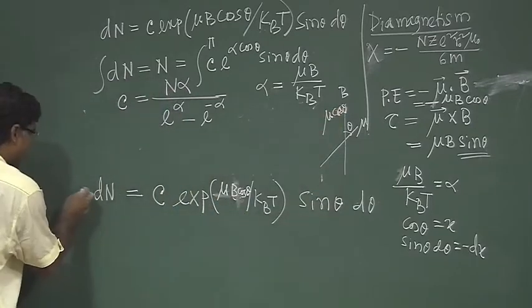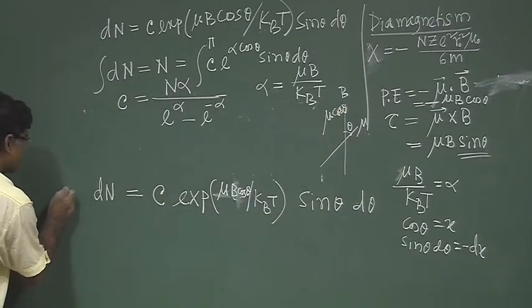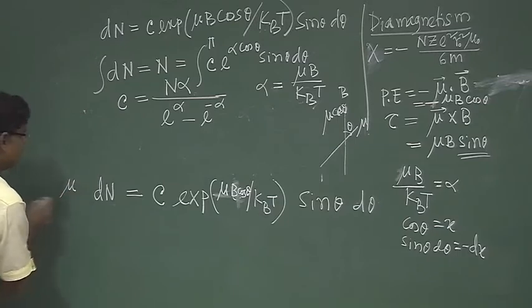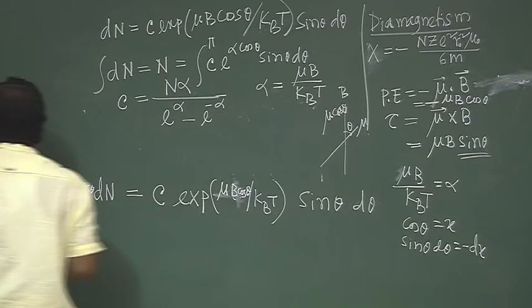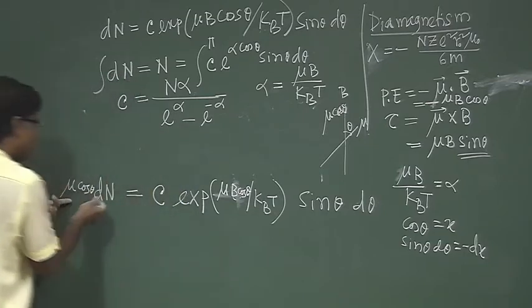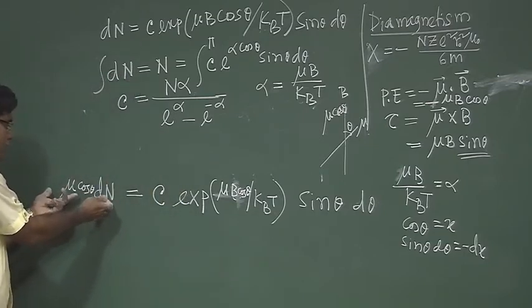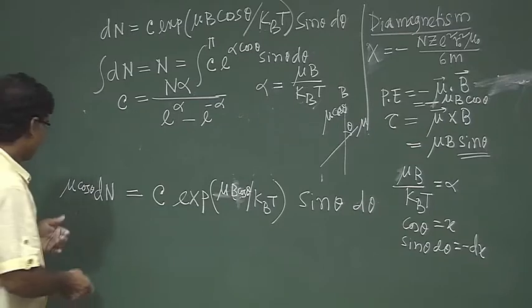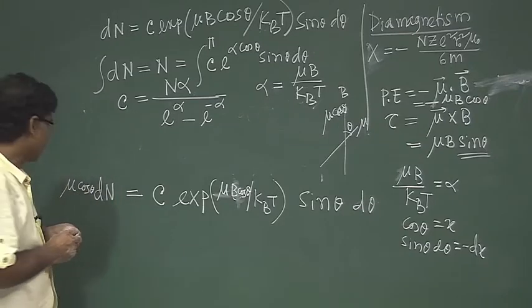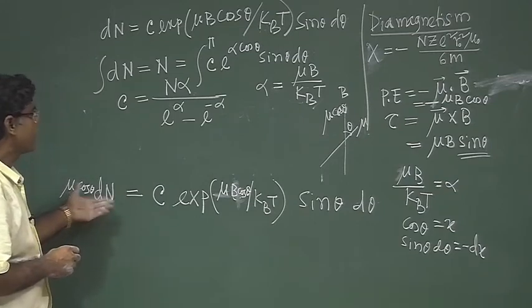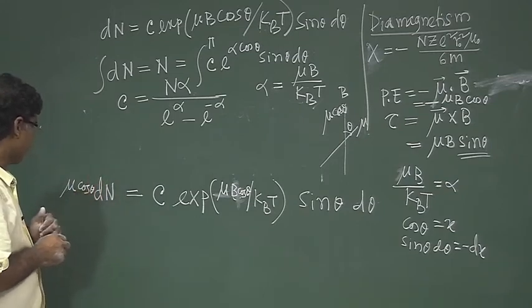So if I multiply dn with mu cos theta, that will be the magnetic moment of these dn dipoles along the field direction.